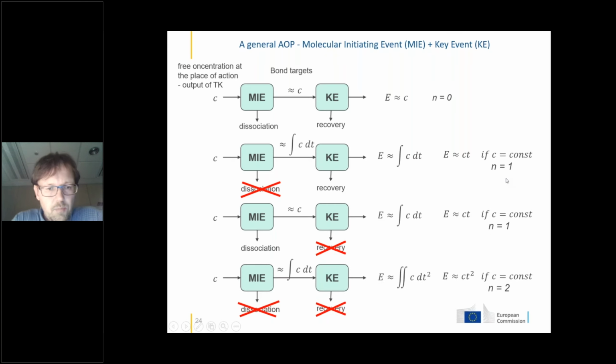And now, if you suppose that both the MIE and the key event are permanent, so there is no way for recovery and no way for dissociation, the number of the targets bound to the molecules will increase with time, so with the integral of the concentration over time. And then again, you need to apply another integral over this integral, so you will get the double integral of the concentration over time. So in the constant exposure scenario, you will get this relationship, concentration and time squared, which corresponds to the modified Haber rule with n equals 2.